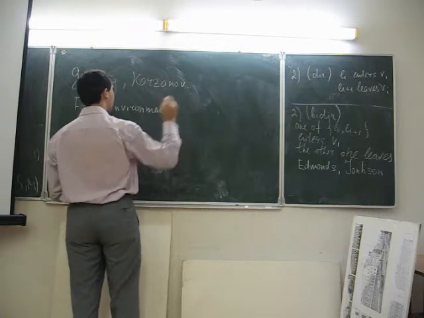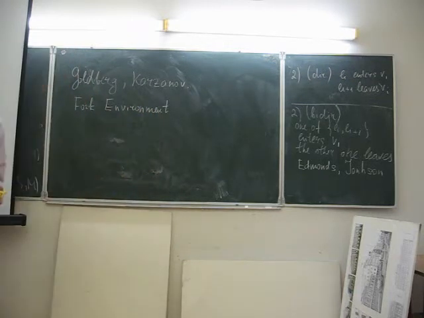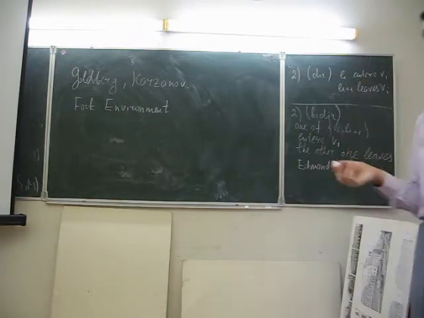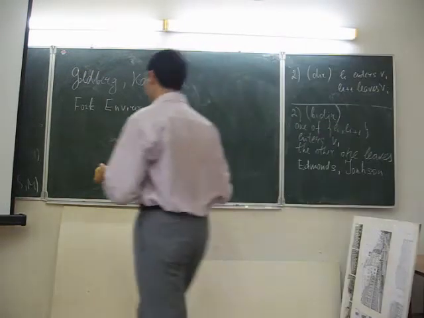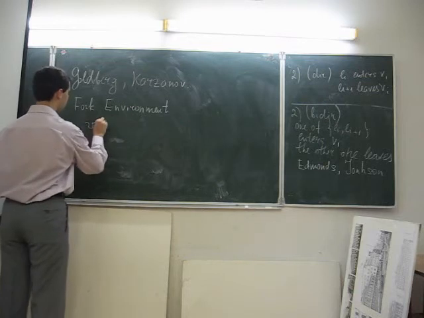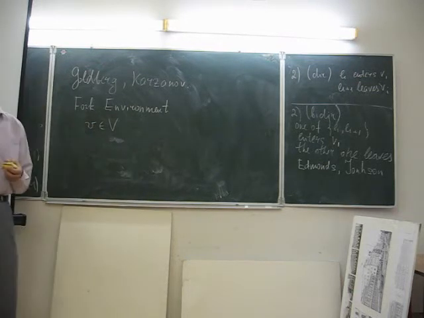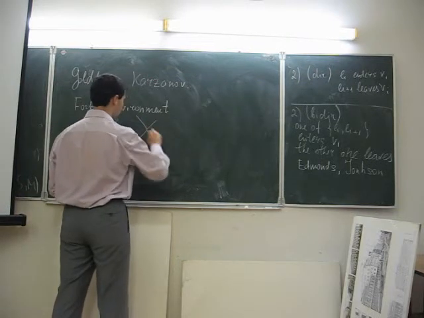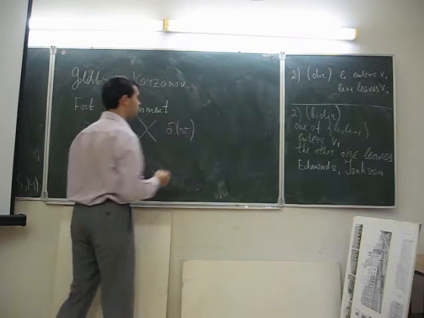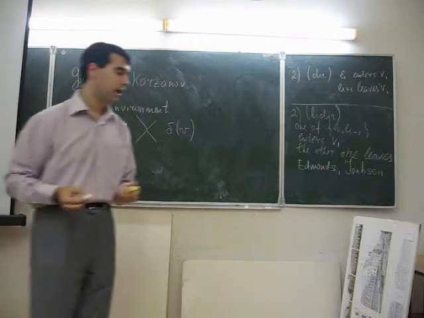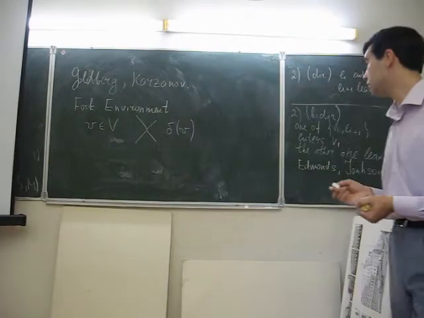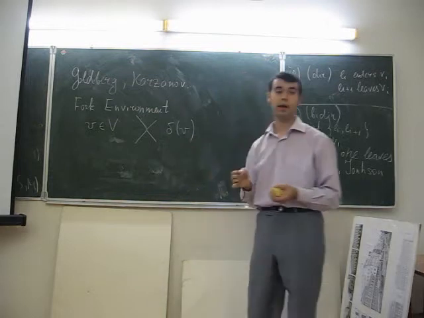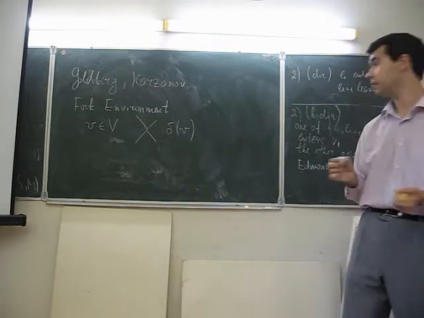So, fork environment. What is a fork environment? It's some additional information attached to an undirected graph. That is, for each node, we examine the edges which are incident to this node. The usual notation is delta of V. And certain unordered pairs of edges here are called forks.